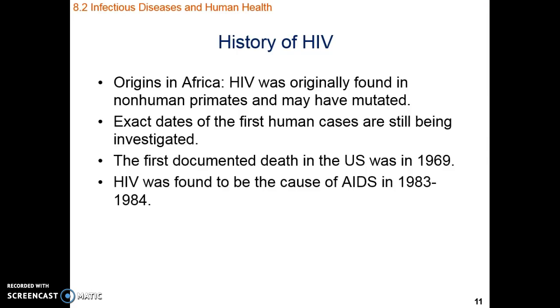It probably came into the human population several times from the chimps, probably through a butcher or a hunter that was unlucky enough to find a chimp that had this chimp HIV type virus, and then it mutated so that it would survive well in humans and be able to pass on to the next person.